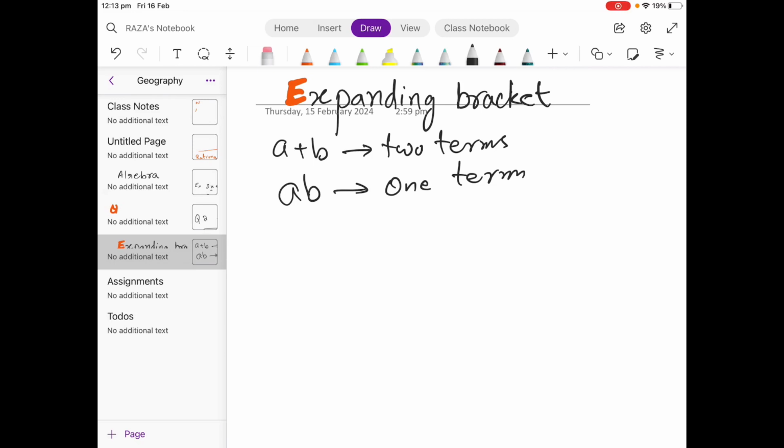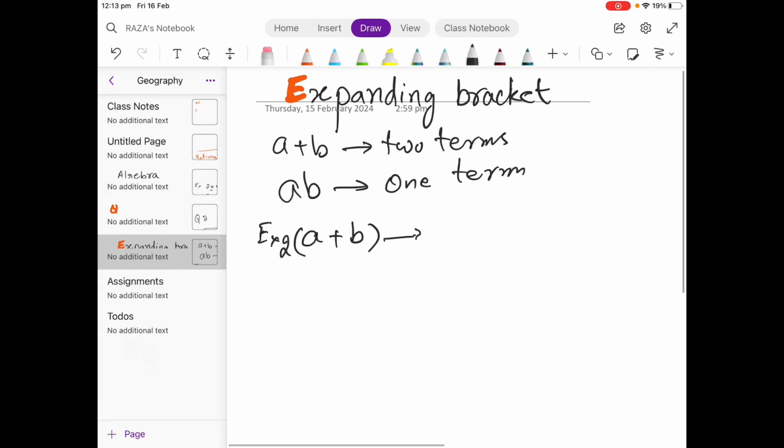Now, keeping this in mind, when we have to open a bracket, let's take an example. Say we have a plus b inside the bracket, and outside the bracket any number, for example 2. If we want to open this bracket, first we need to look at the sign of the number which you are applying inside. So 2 is positive.